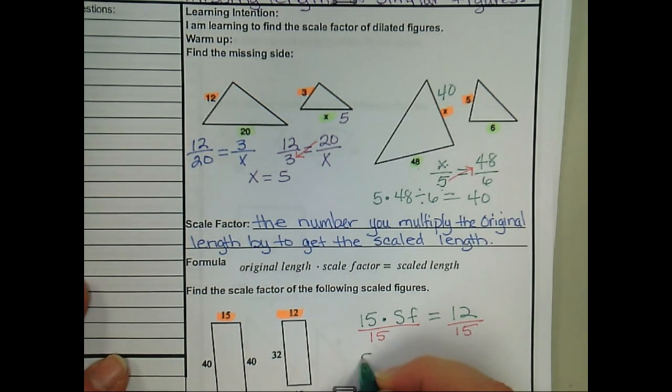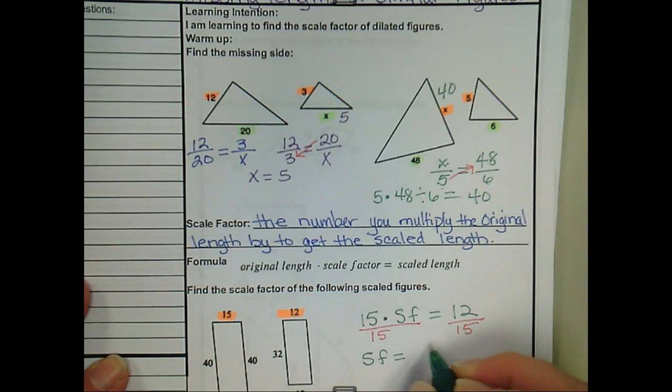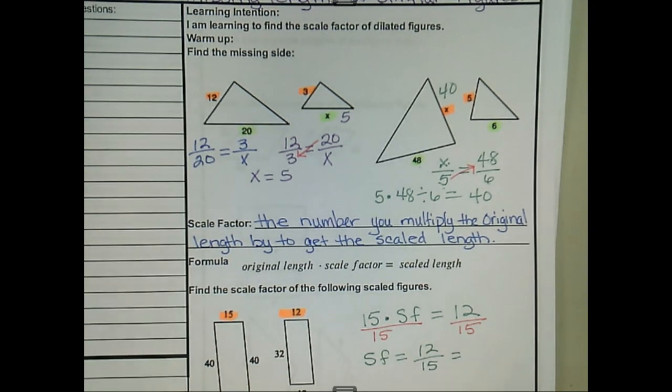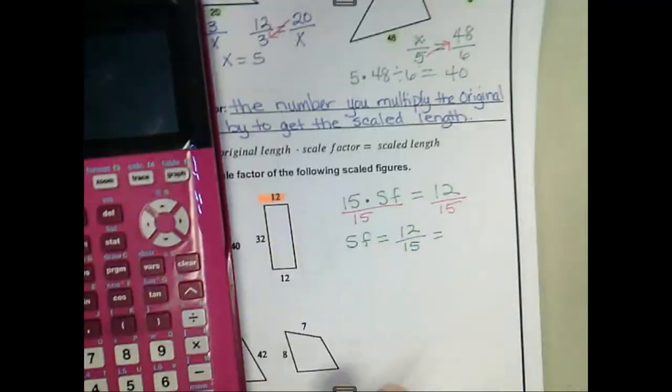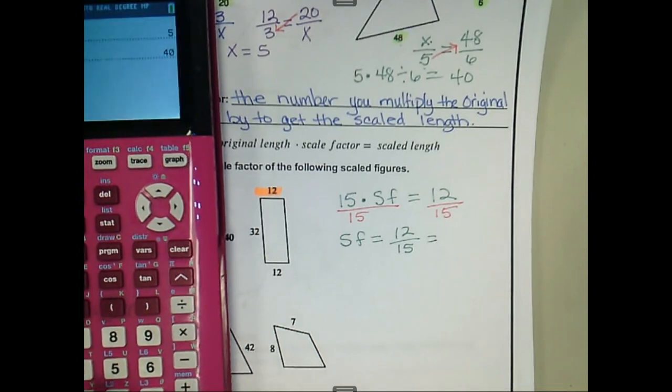So my scale factor is equal to 12 over 15. But I've got to simplify that number. If you are really good at math, you know that 3 goes into top and bottom, so we'll be factoring out 3. For those of you that are not as good and still struggle, that is okay.